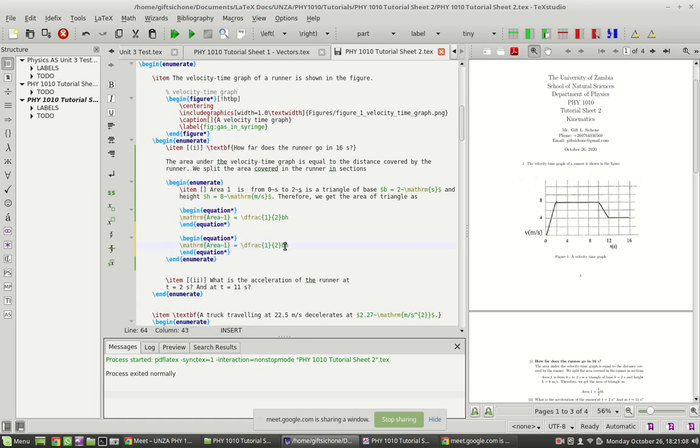So the base is how much? Seconds. Okay, and how much is our height? Our height is 8 meters per second.